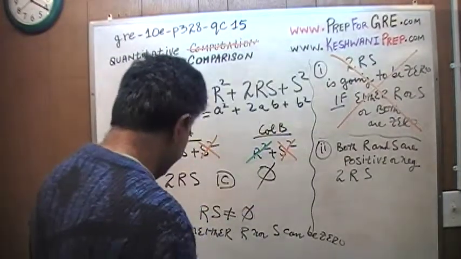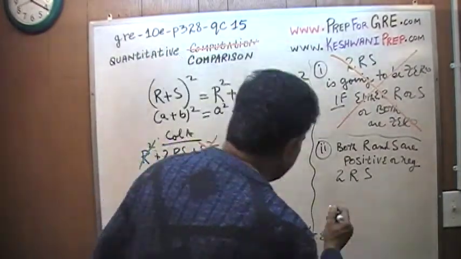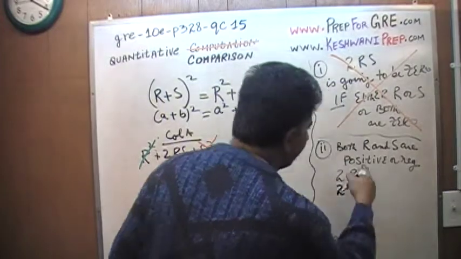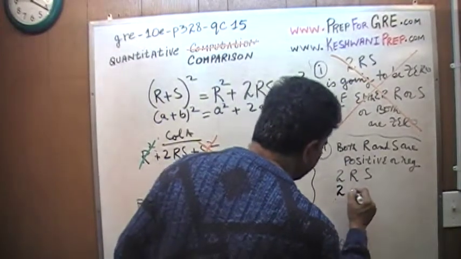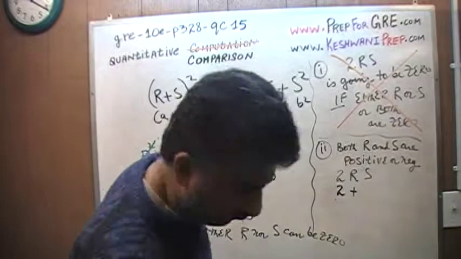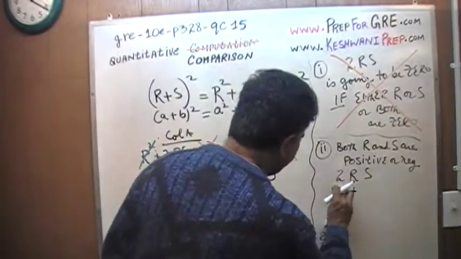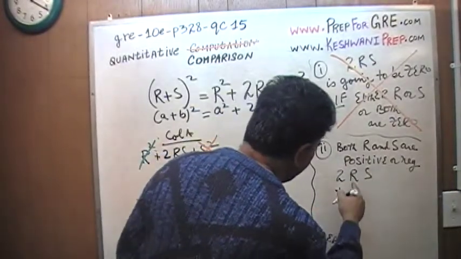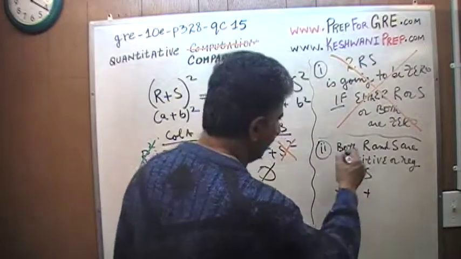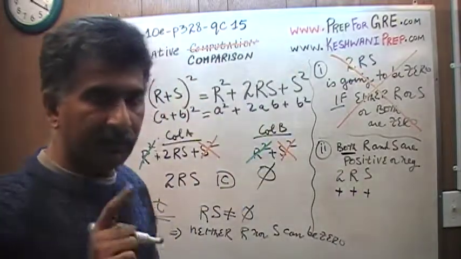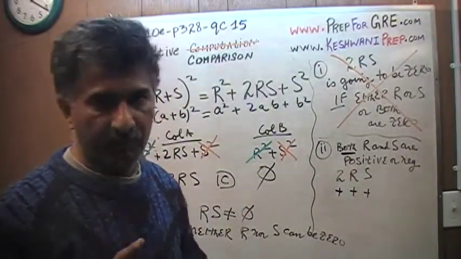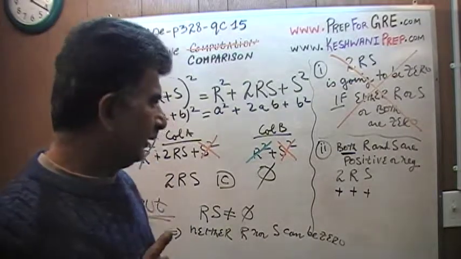If they are both positive, then it's 2 times some positive. 2 is a positive number, of course. If R is positive and S is positive, they both have to be the same sign. That's the second scenario.